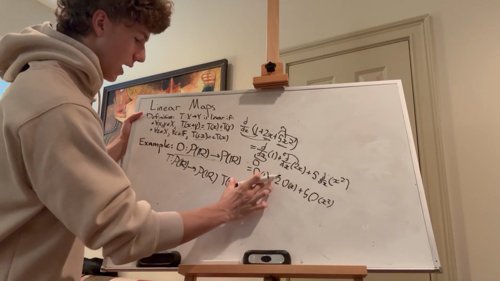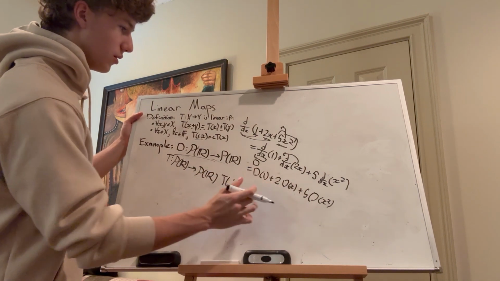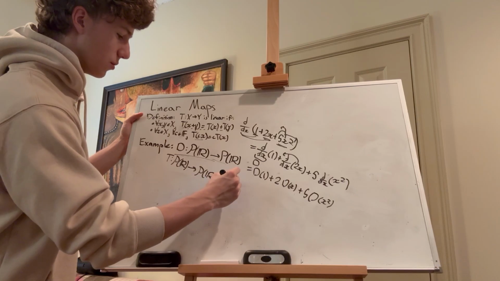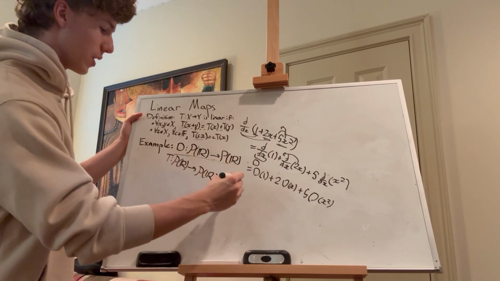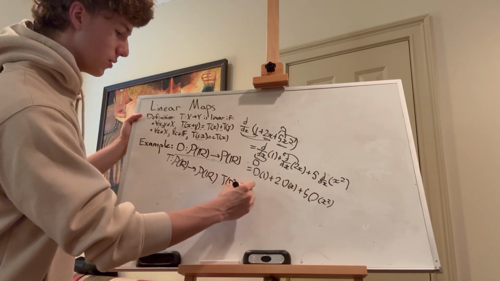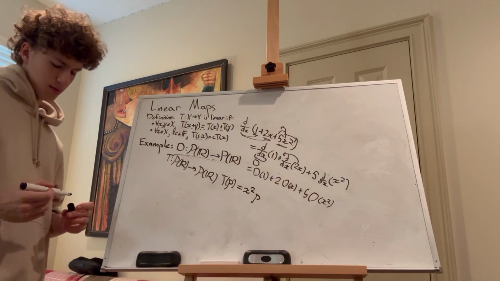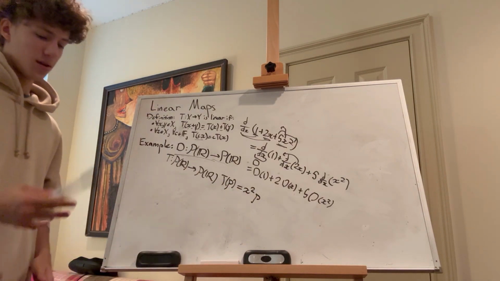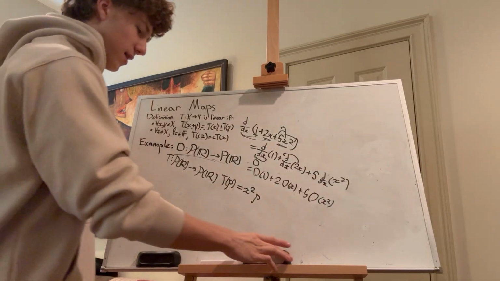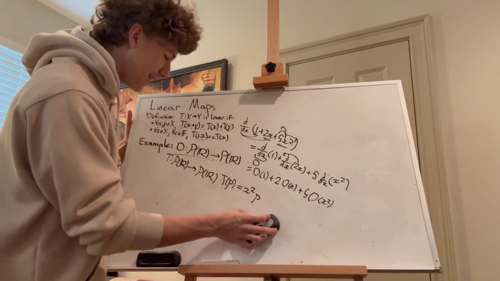Instead of x, since we're working with polynomials, I'm going to call it polynomial p, going from one polynomial to another. T of your polynomial is just x squared times your polynomial, okay? Can I show that's linear? Be my guest. That's left as an exercise to the viewer.